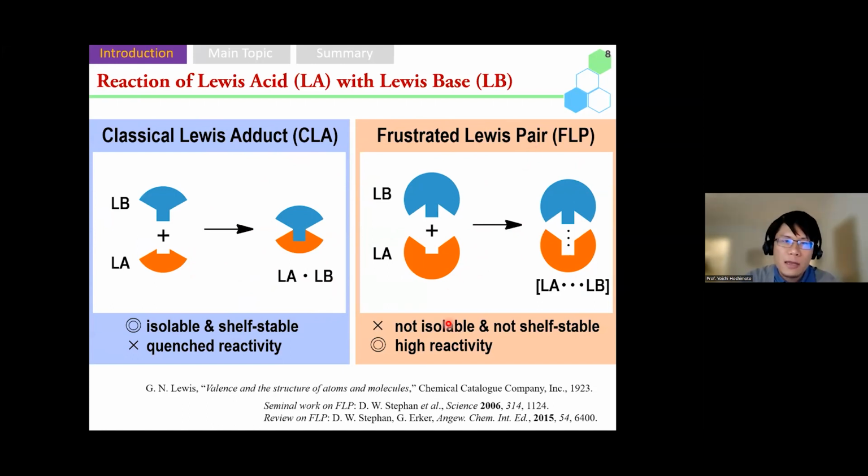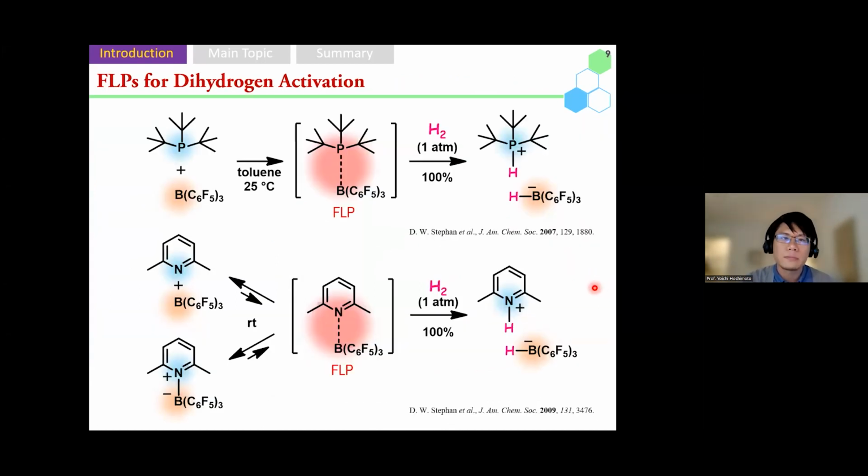FLPs can show a high reactivity and hence have been applied for many molecular transformations. However, isolation and storage of FLP species are always very difficult. An attractive reactivity of FLP is, needless to say, heterolytic cleavage of H2, because such H2 activation was predominantly based on the use of transition metal complexes.